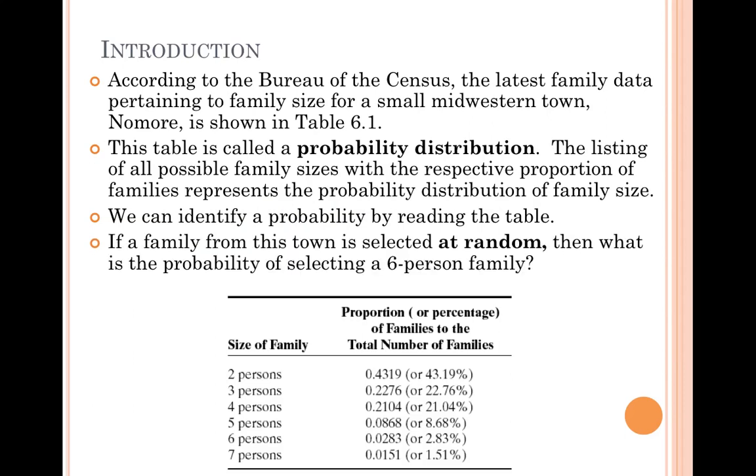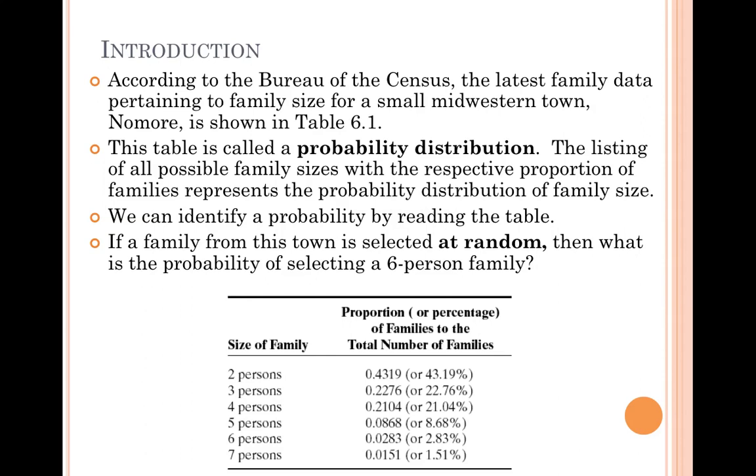So here's an example of a probability from the table. If a family from this town is selected at random, so you have all the families in the town and you randomly pick one of those families, what's the probability of selecting a 6-person family? So what's the chance that the family that you pick has 6 people in it?